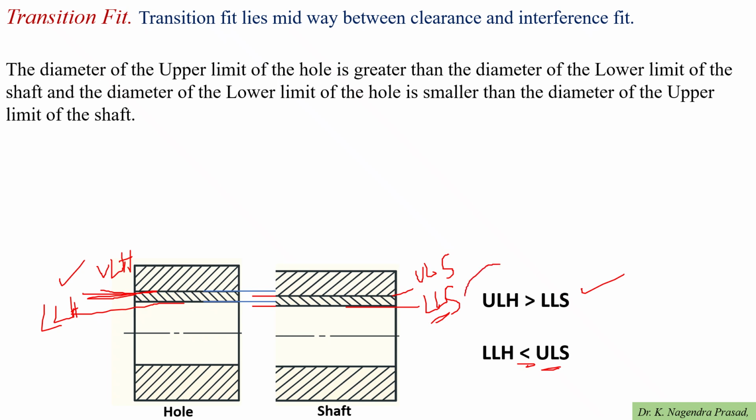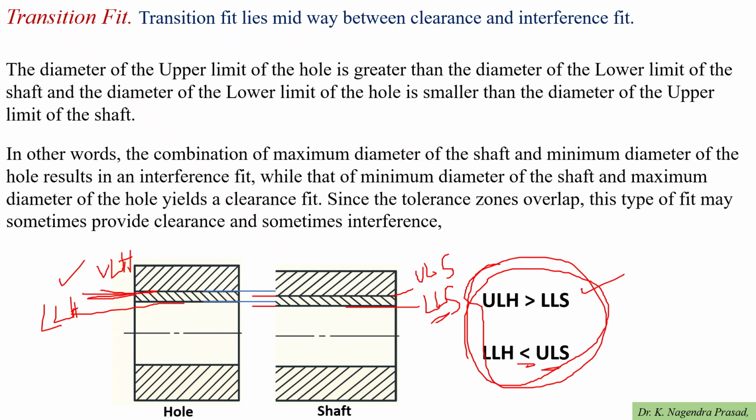So remember, to form a transition fit, the mating parts should satisfy these two conditions. Upper limit of the hole should be greater than the lower limit of the shaft, and the lower limit of the hole should be less than the upper limit of the shaft.